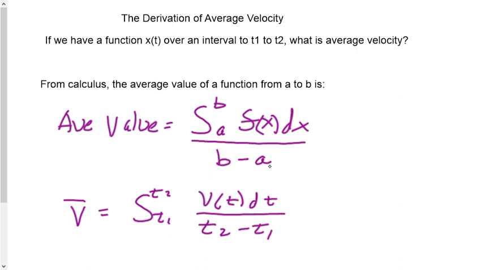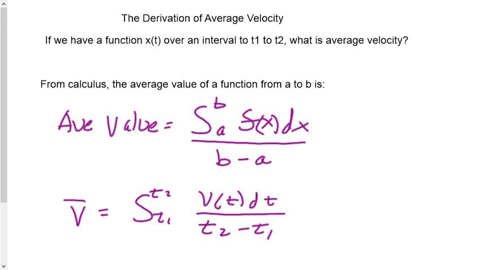And that is the average value for a function over a given interval. So how do we apply that to velocity? Well, the average velocity will equal the integral from t1 to t2 of v of t dt divided by t2 minus t1. So we have some velocity function of time multiplied by dt, divided by t2 minus t1.